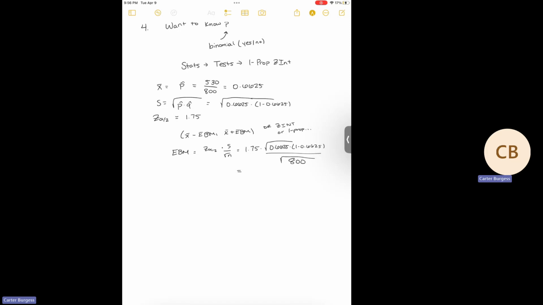Which tells us that our error is going to be 0.6625 times 1 minus 0.6625, divided by, we said, 800.